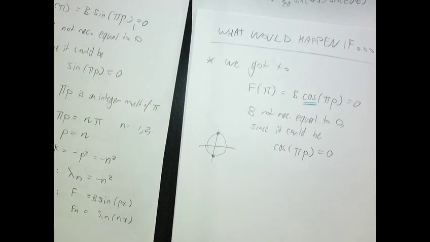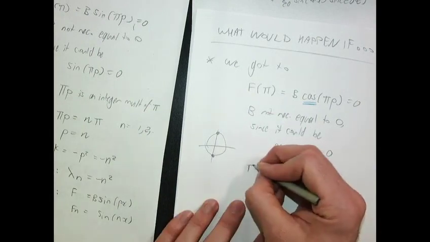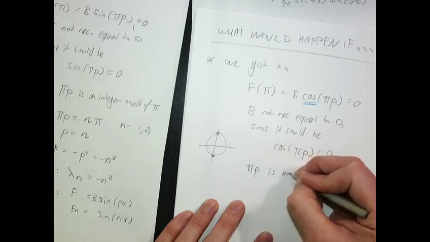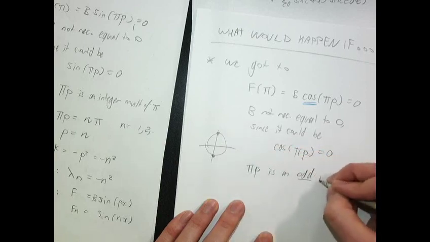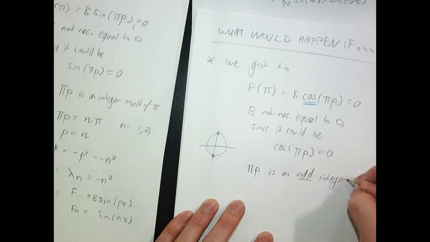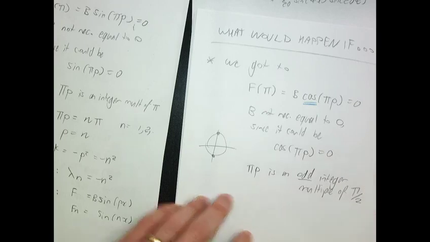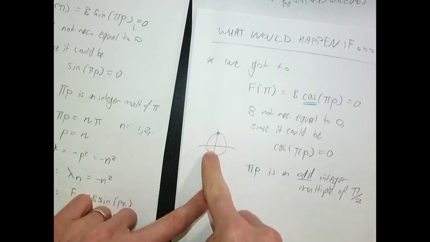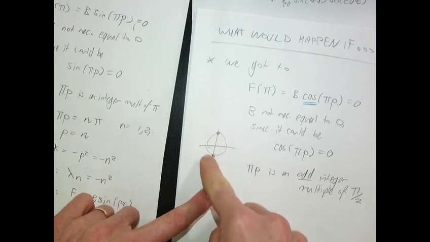So that means that pi p is an odd integer multiple of pi on 2. Because we've got 1 pi on 2 and 3 pi on 2 and 5 pi on 2 and 7 pi on 2.